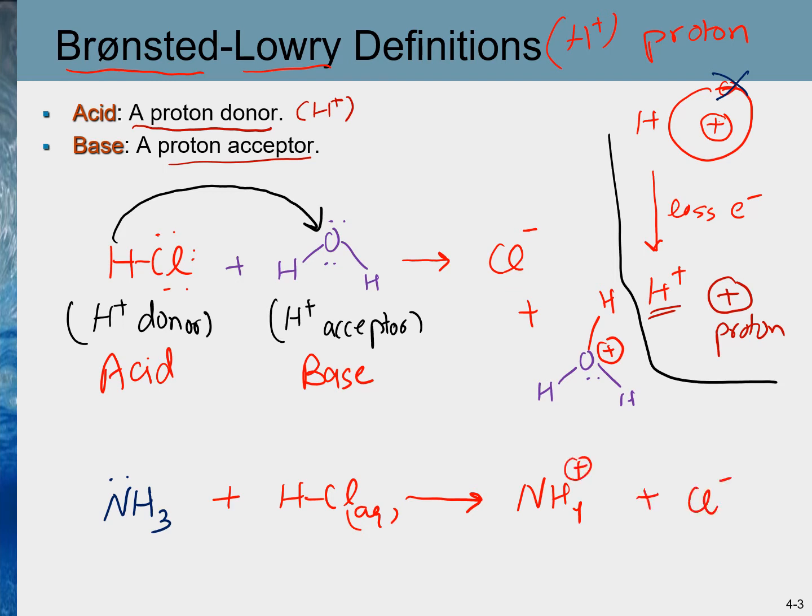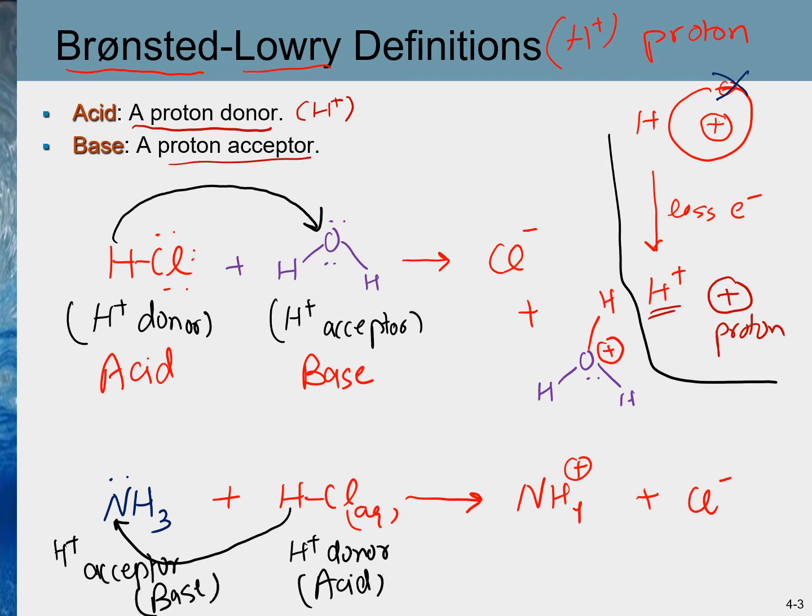Now we can clearly see that hydrogen is donated by HCl. So this is a proton donor, hence it's an acid. And ammonia is a proton acceptor, therefore ammonia is a base. So Bronsted-Lowry definition does explain why ammonia is a base.